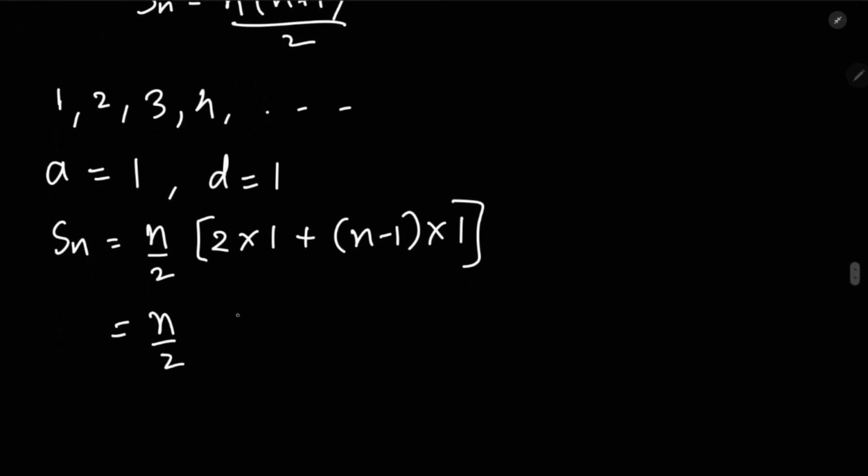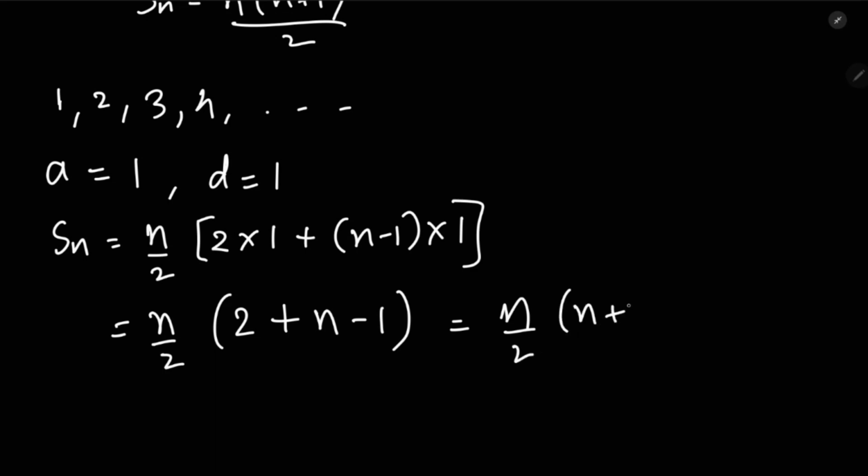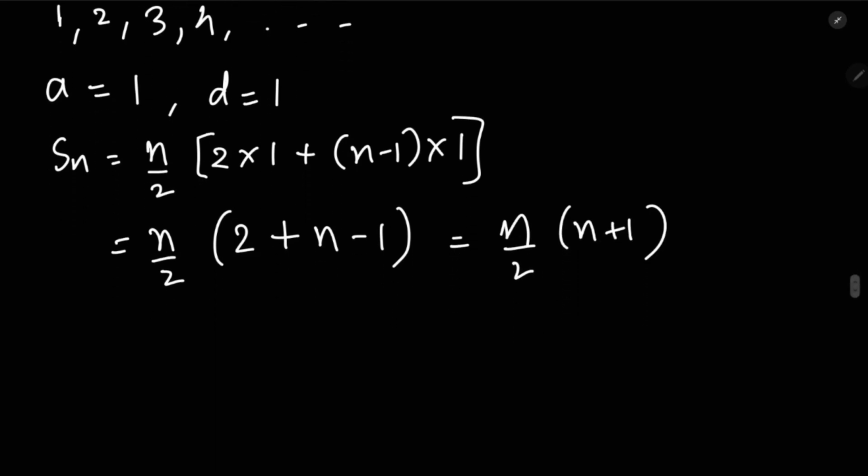So you get n by 2, here you get 2 plus n minus 1. So this will give you n by 2 and n plus 1. So the sum of the first n natural numbers is this.